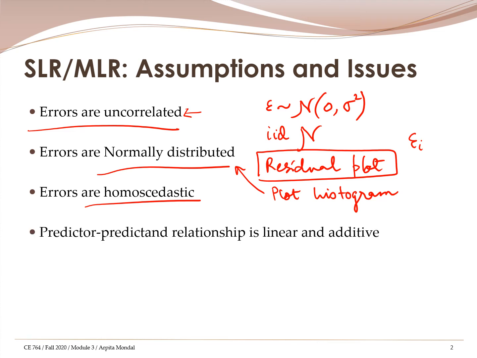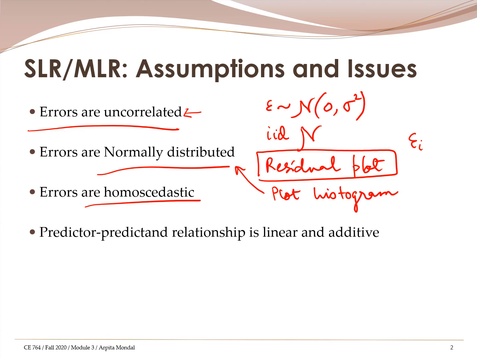Then there is another important assumption, and that is that the relationship between x and y, the predictor predictand relationship, is linear and additive. Again, if the relationship is non-linear, then this is not the model to fit.